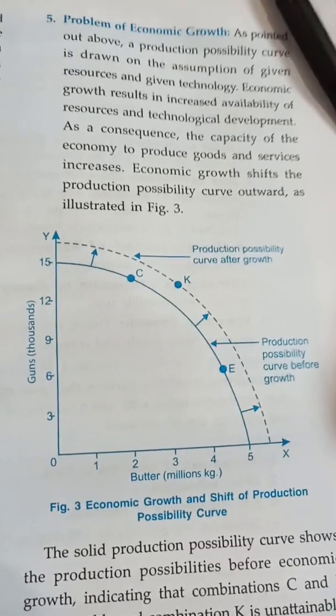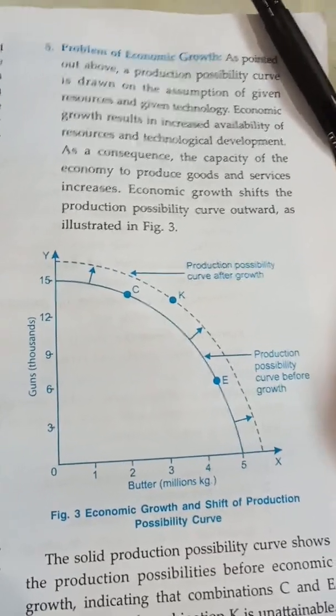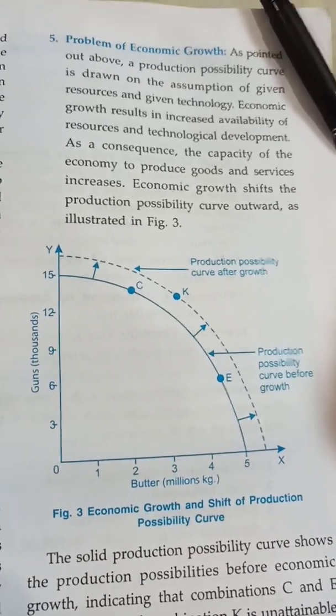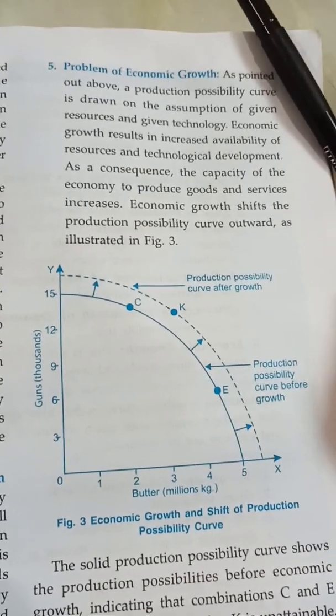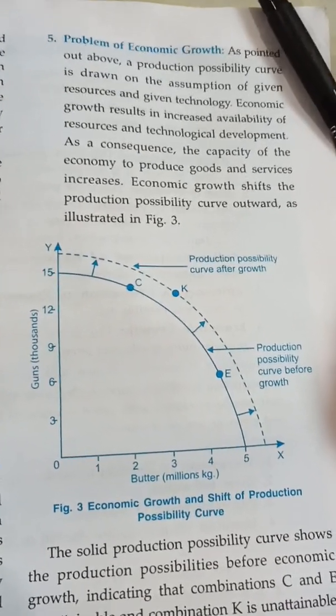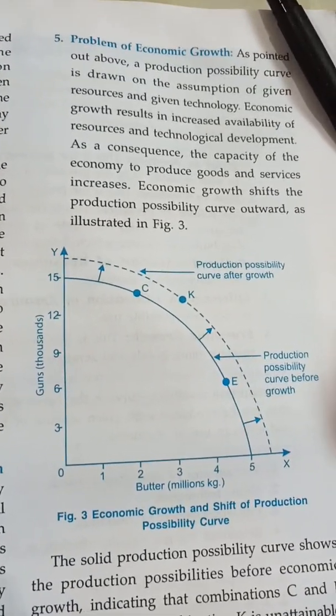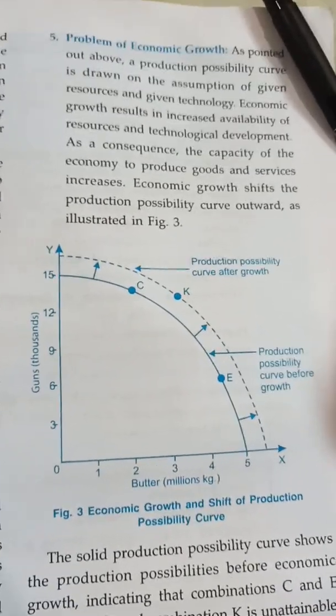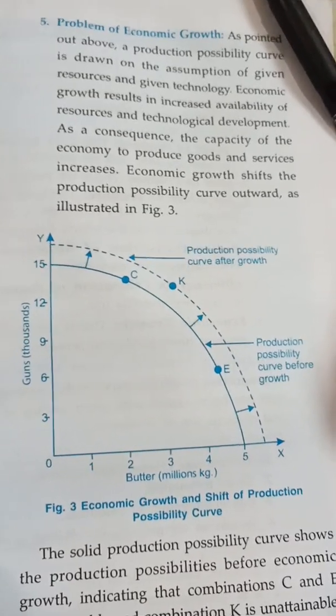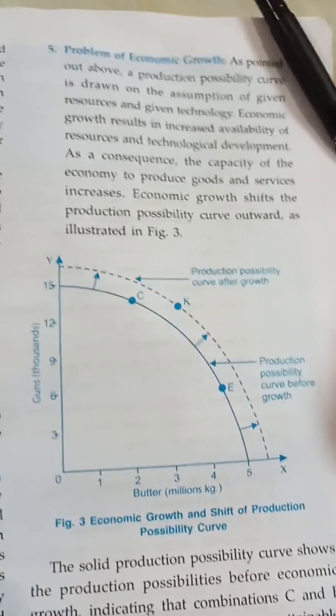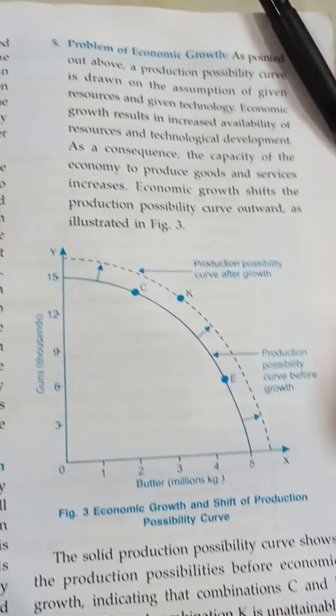Production of output in the country increases, more selling of the output, more income earning. Thus, there will be an increase in the per capita income, per head output also. And that implies economic growth. This rightward shifting of the PPC depicts economic growth. It is not so easy to achieve.